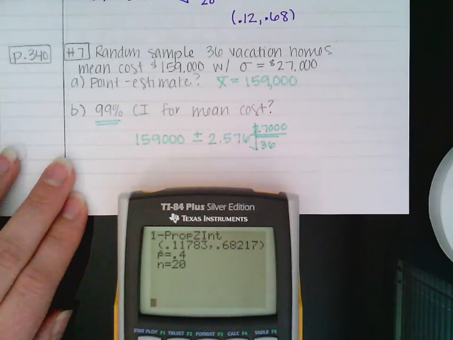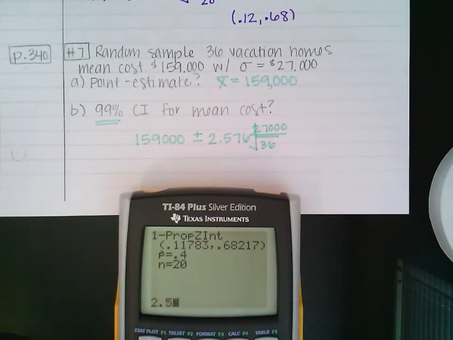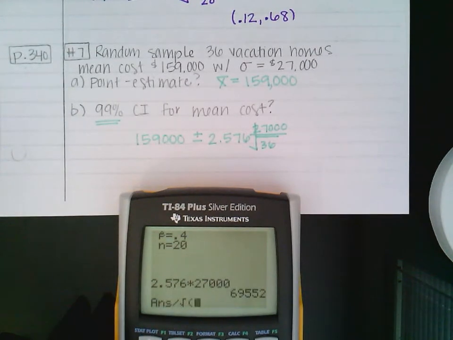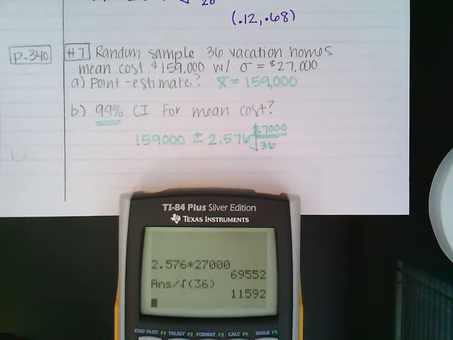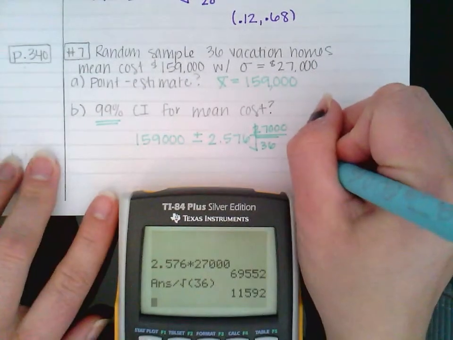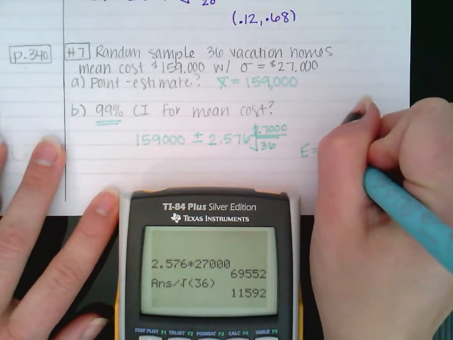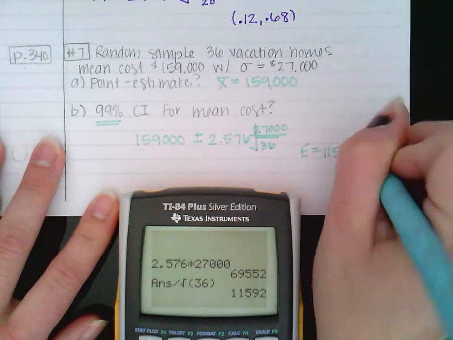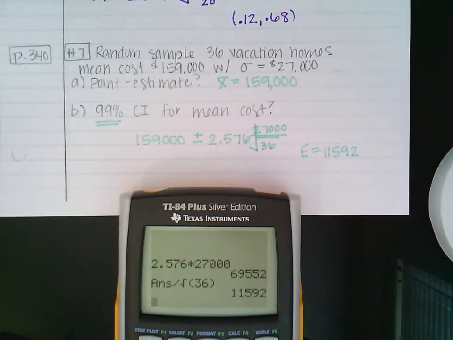All right, let's calculate our error here. 2.576 times 27,000. Divide that by the square root of 36. Okay, and so my error is 11,592.